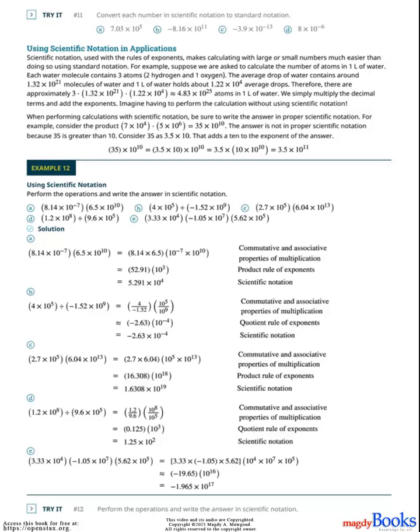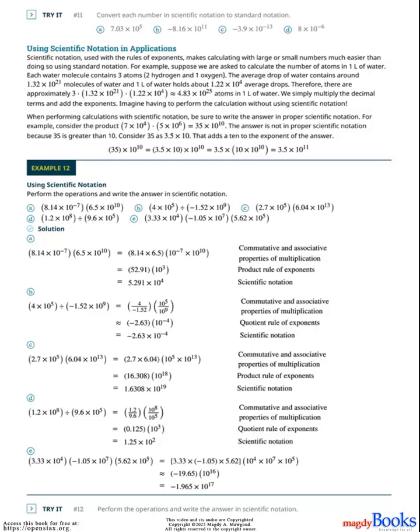B. (4 multiplied by 10 to the power of 5) divided by (-1.52 multiplied by 10 to the power of 9) equals (4 over -1.52) multiplied by (10 to the power of 5 over 10 to the power of 9).